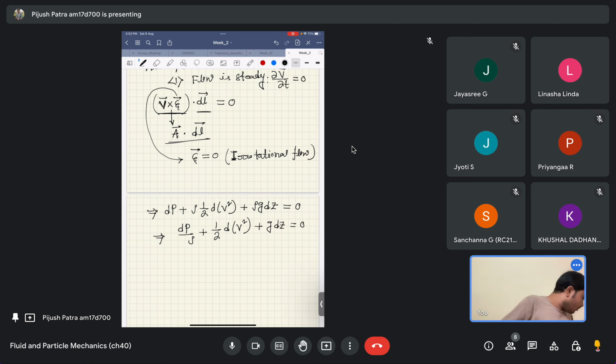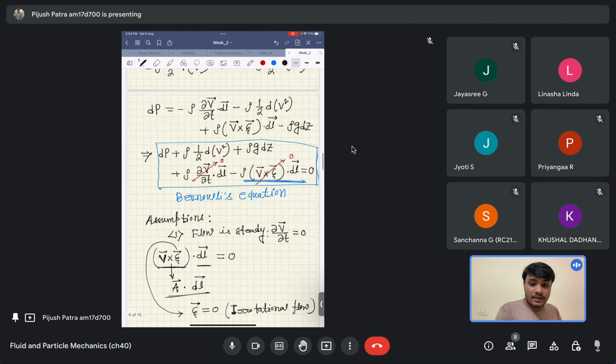So this is the familiar form of the Bernoulli's equation which you know: p by rho plus half V square plus gz is constant. That equation came after a lot of assumptions, that it is a steady flow and that this equation is valid along a streamline.